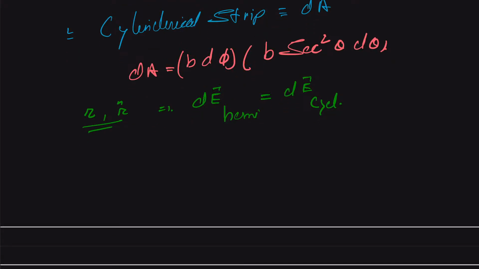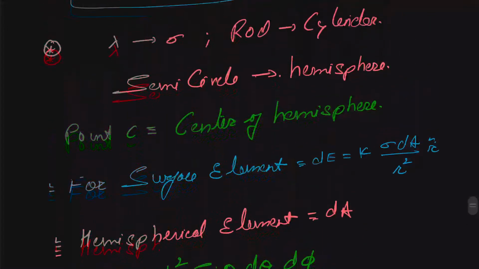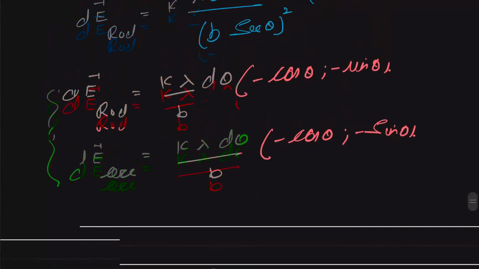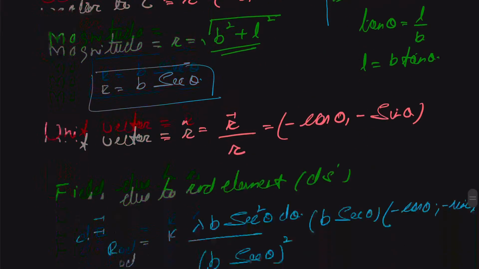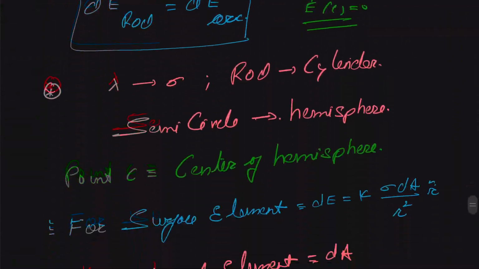The important word I forgot to mention is pairwise cancellation. Pairwise means that this dS prime is a pair of this dS. Suppose here we have our point P and this is point P prime. These are nothing but a pair, so symmetric things result in pairwise cancellation.